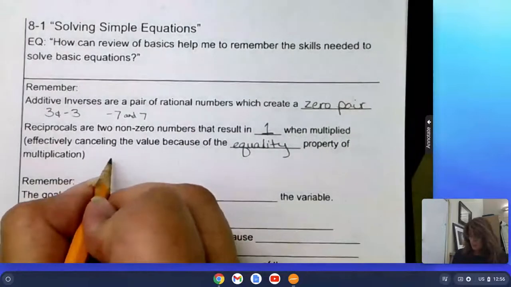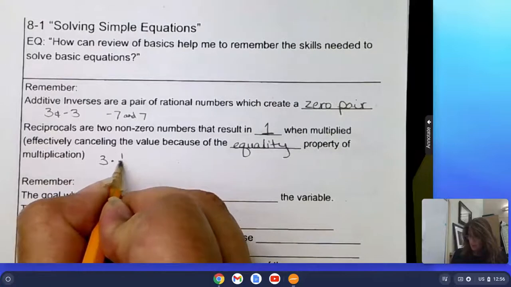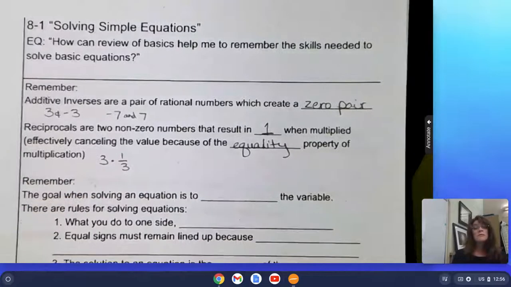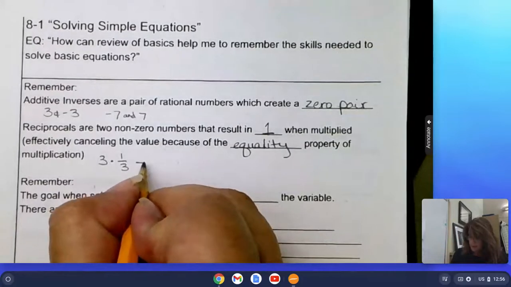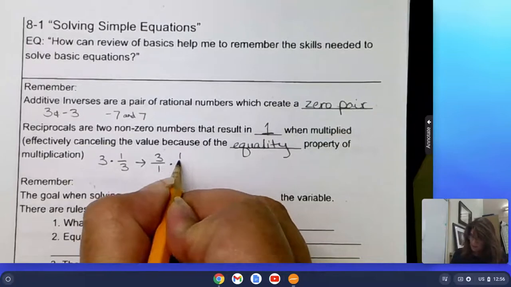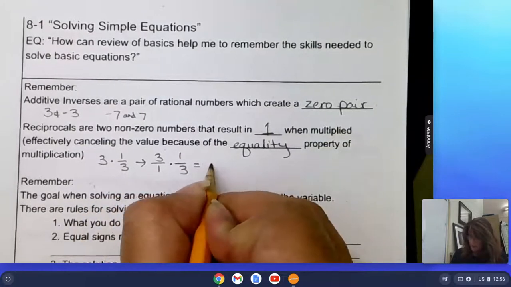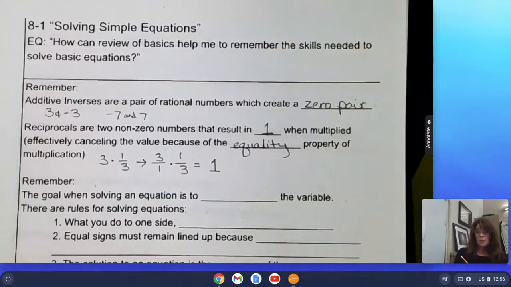For example, 3 times 1/3. Remember, the flip of a fraction: 3 is the same as 3 over 1, times 1/3, and that equals 1. So that's a reciprocal.